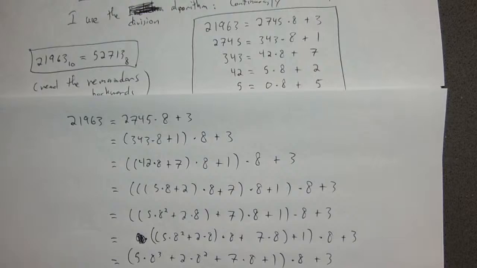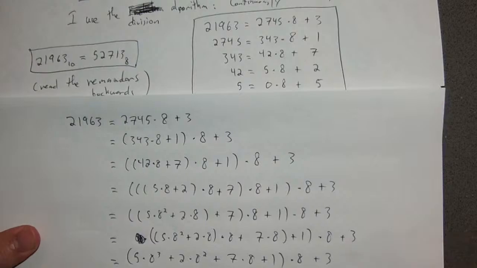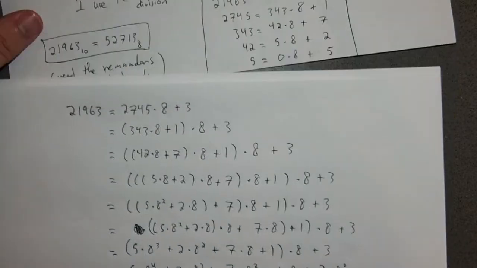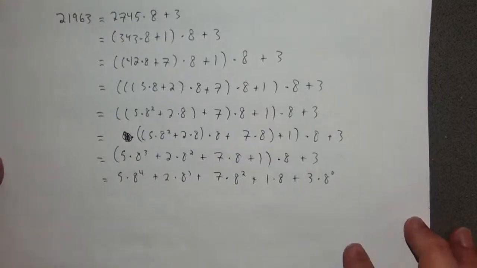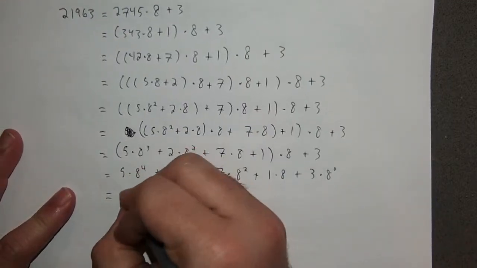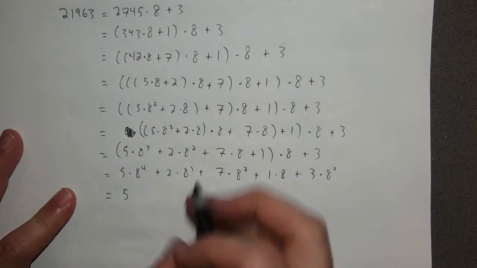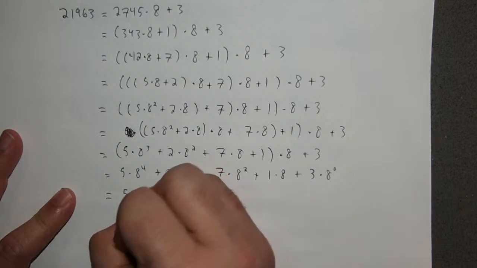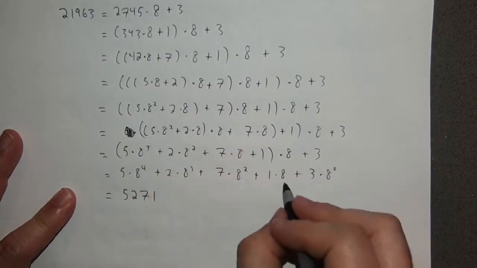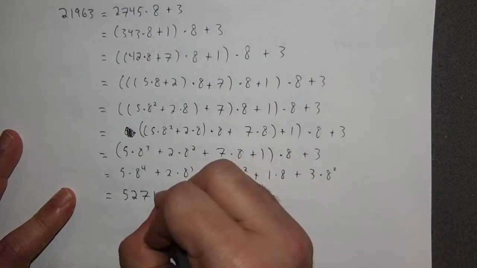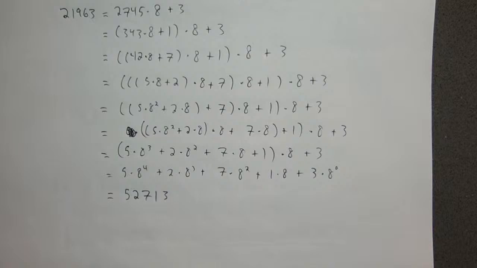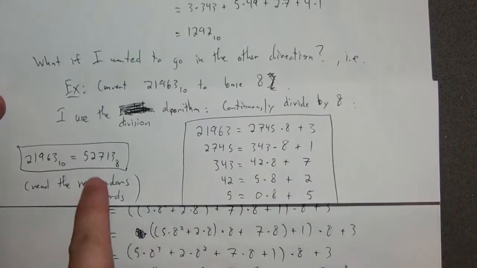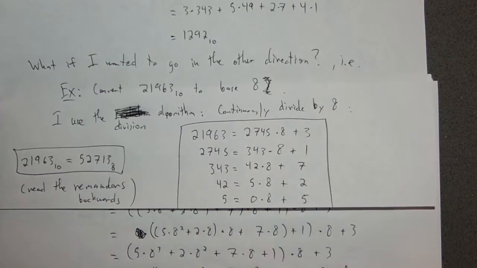Okay. All right. And so what do I get here once I write this out? I get the base 8 expansion, right? So this is 5 in the 8 to the 4th slot, 2 in the 8 cubed slot, 7 in the 8 squared slot, 1 in the 8s slot, and 3 in the 1s slot. Which is exactly the same as if I had just read the remainders off backwards and been done with it, right? But that's why it works.